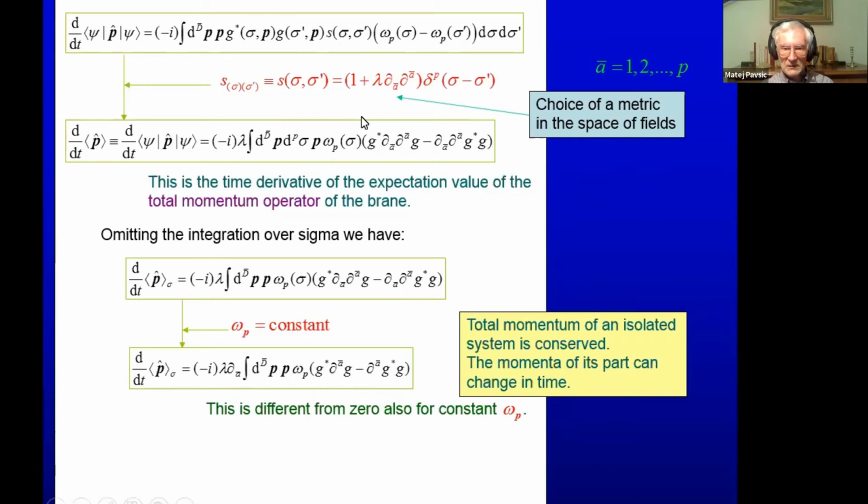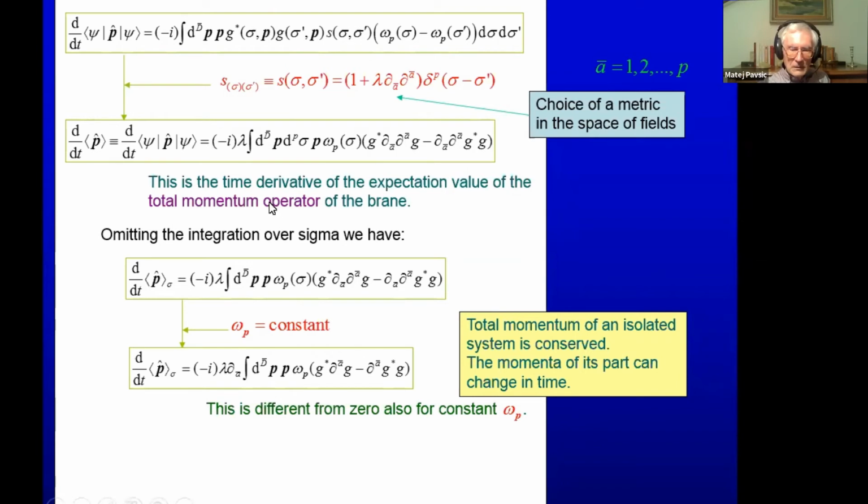Now you can switch by performing partial integrations. This guy here can be moved to G. So you get this expression here, where omega of P is sigma dependent, and then you have these terms here with twice partial derivatives on the G, which, as I remind you, is the wave packet profile.